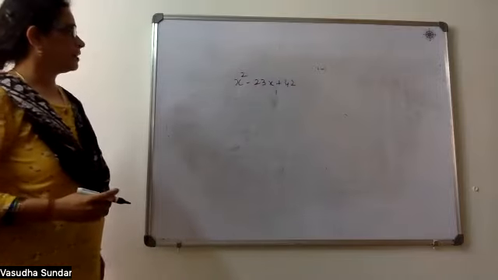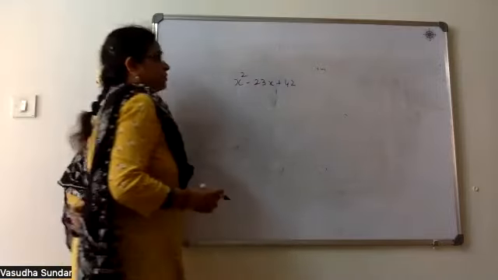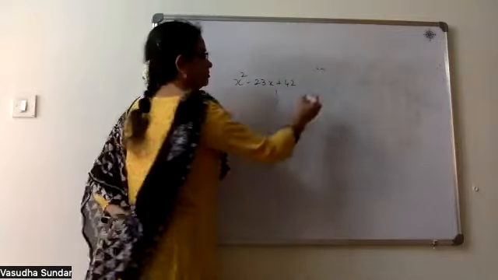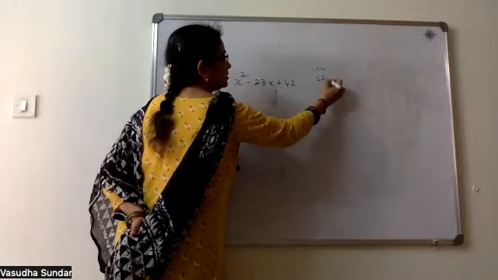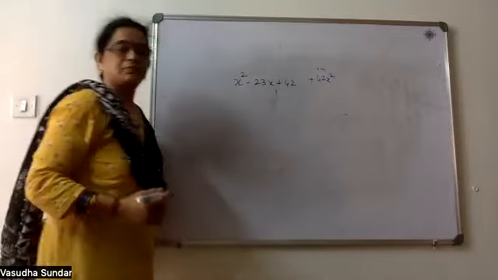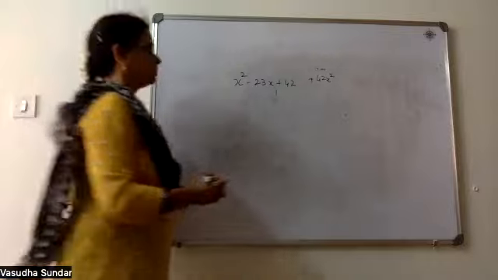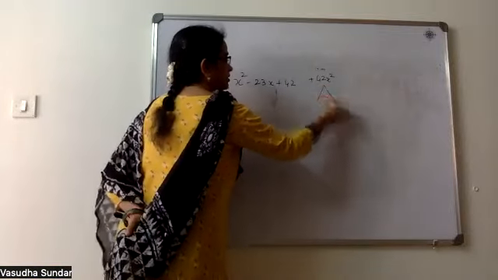Now, what is the product that we want? 42x squared, correct? Yes or no? Yes, ma'am. Now, what is the sum we want?